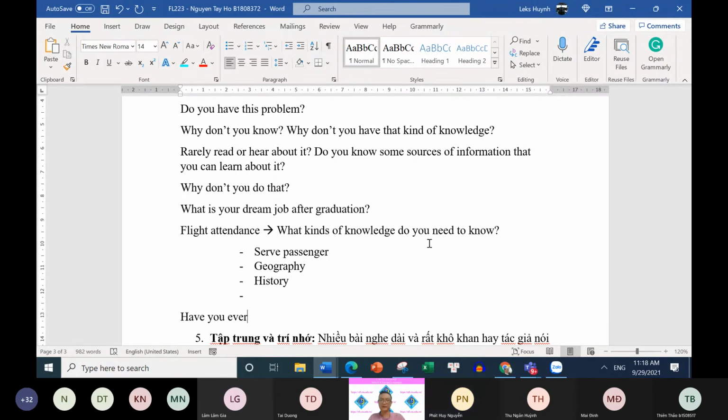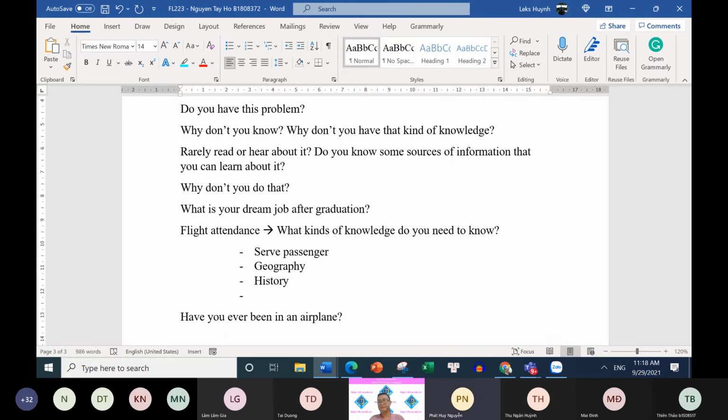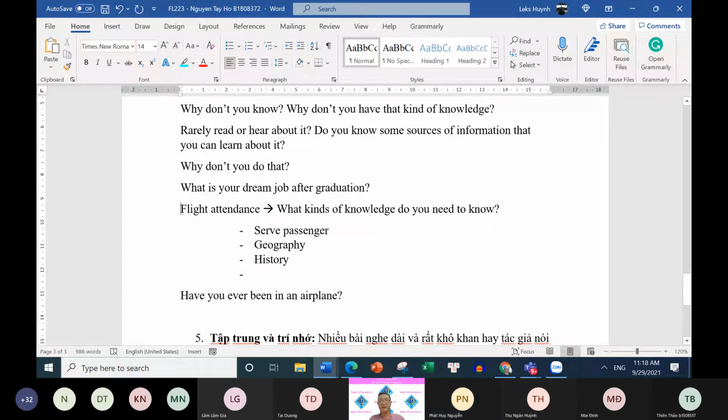Have you ever been in an airplane? I have never been in an airplane. Because if you want to become a flight attendant, these things are not enough. You need a lot of skills and knowledge.